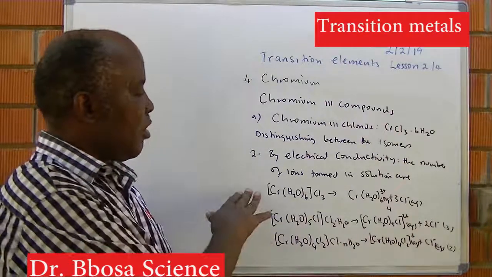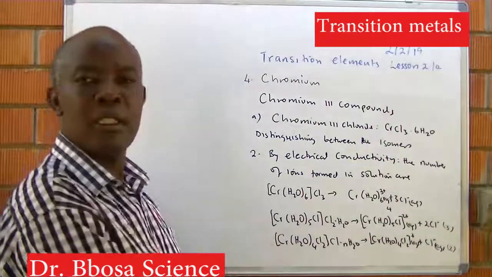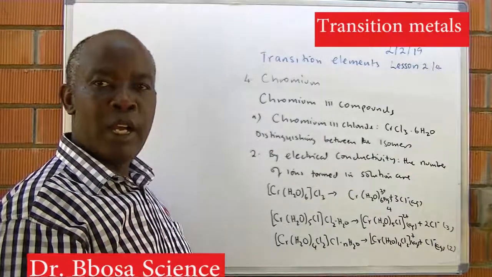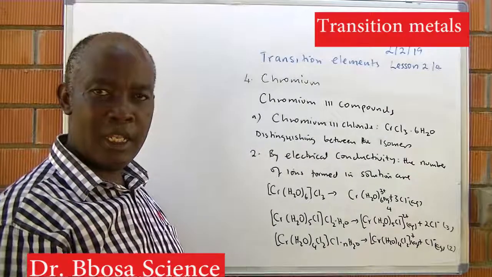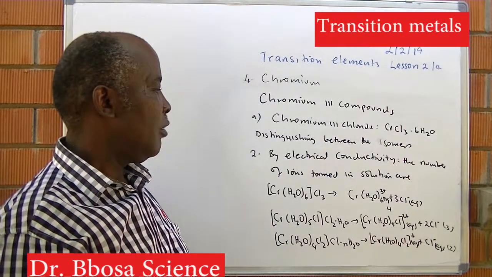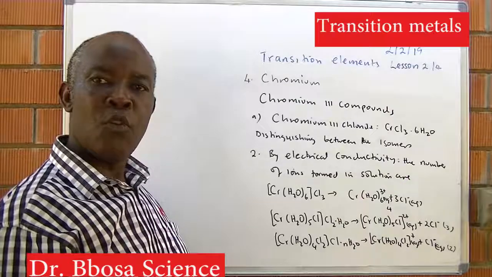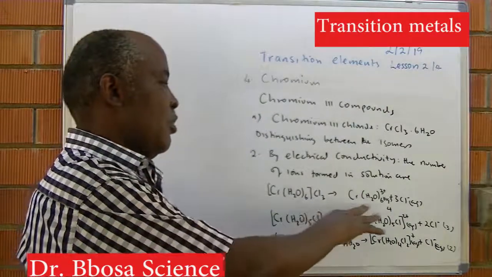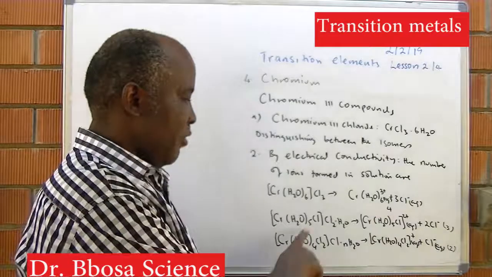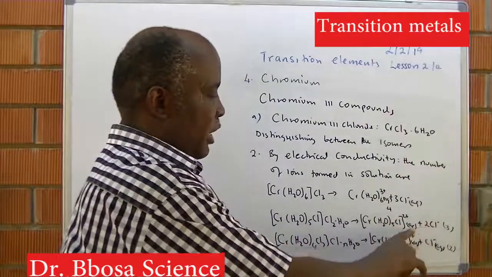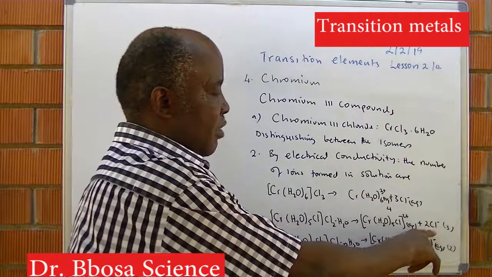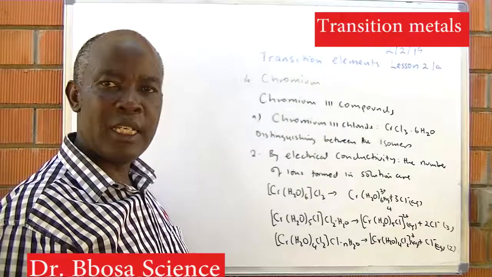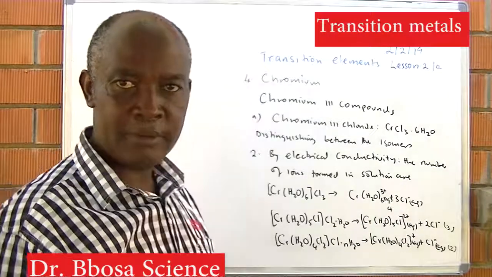Of course, this is more conducting than this, because it contains very many conducting ions. When we count the number of conducting ions, the first one will give you 4, the second one will give you 3, and the third one will give 2 conducting ions.